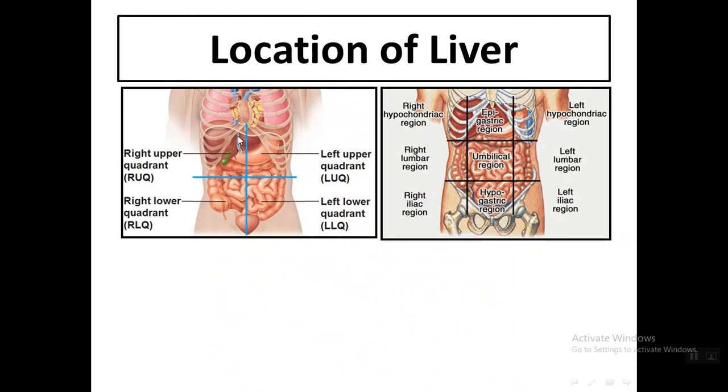The liver is situated mainly in the right upper quadrant, more precisely in the right hypochondrium and the epigastric region. Usually it follows the contour of the right costal margin.